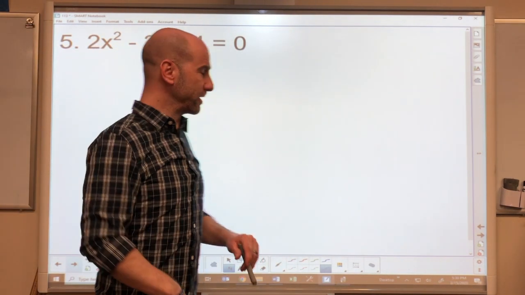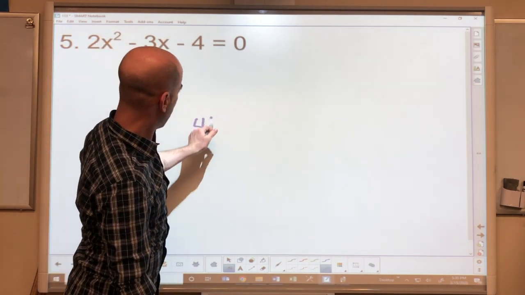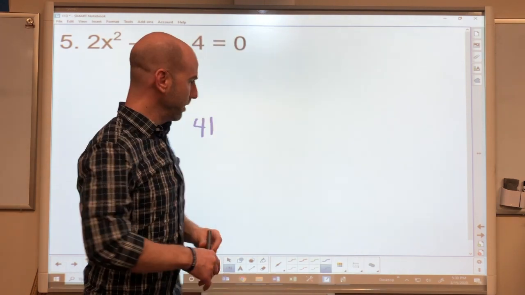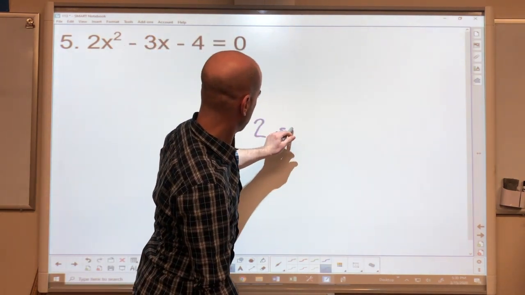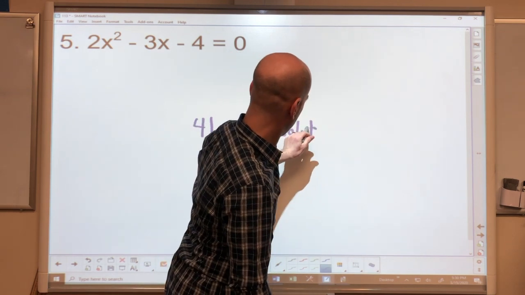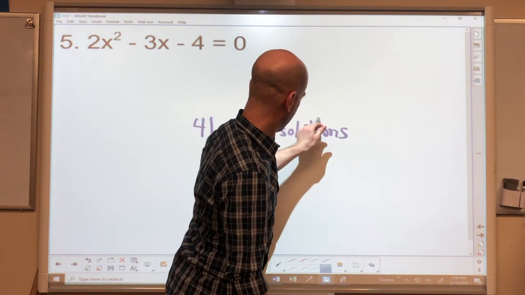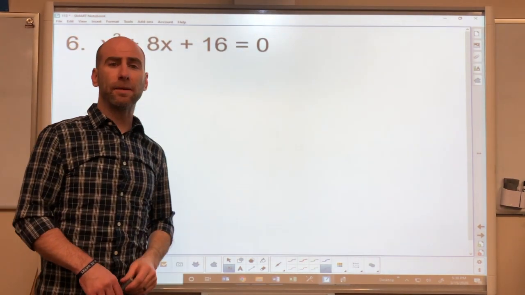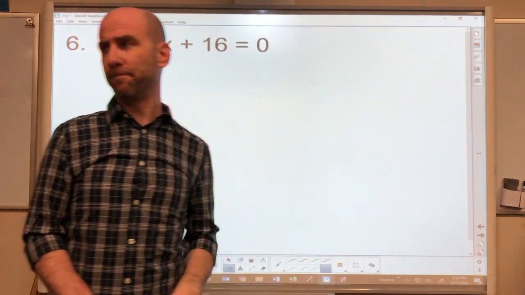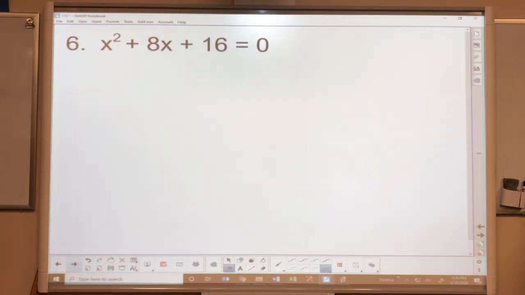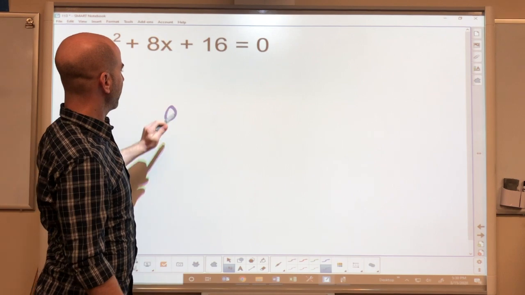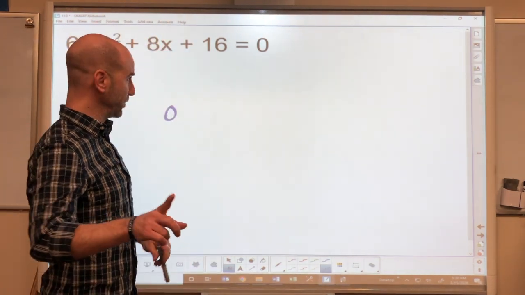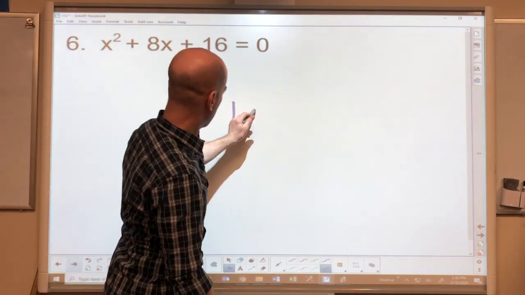Okay, the discriminant was 41, and so that means it's bigger than 0, so there are 2 solutions. Again, tell me how many solutions there are here. So here, the discriminant is 0, which means there's only 1 solution to this equation.